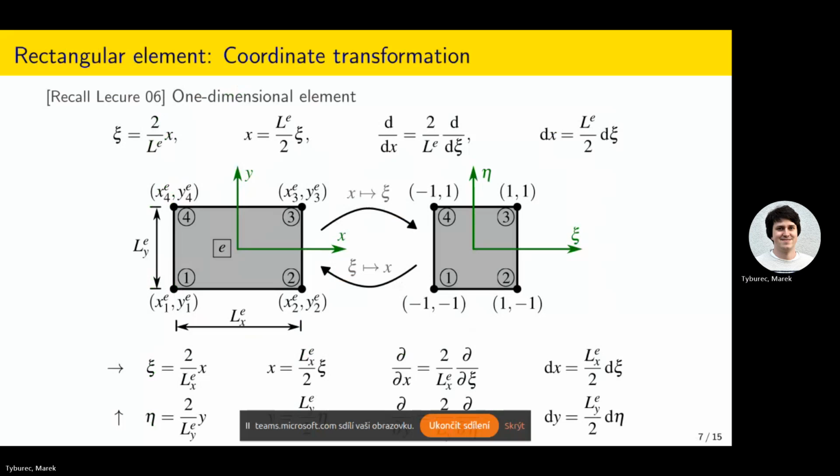In this one-dimensional setting, 1D element, you would have some element that starts here and ends here, and this is defined by x1 and x2 coordinates.